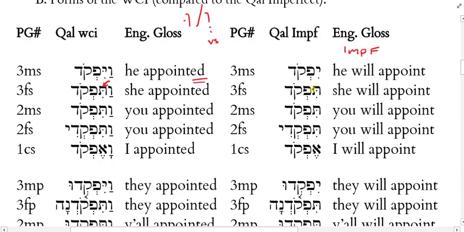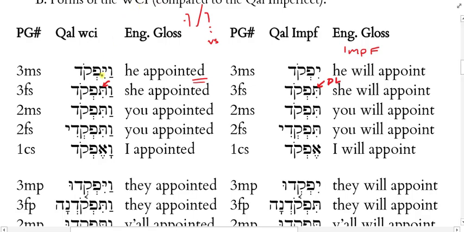I want you to compare it to the tav on the imperfect side with the dot there, where tif code is she will appoint in the imperfect. Vatif code and tif code. This dot over here on the right, that is a dagesh what? Lene. Because tav is a begadkefat letter, and begadkefat letters come standard with dagesh lene.